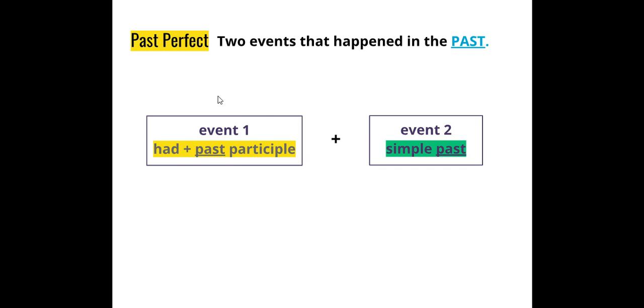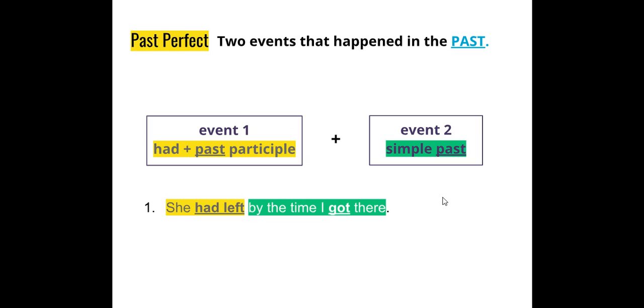This is the first thing that happened. Then for the second event, we use the simple past.